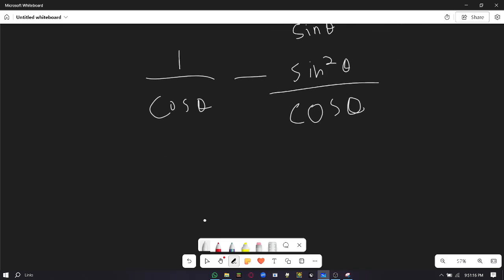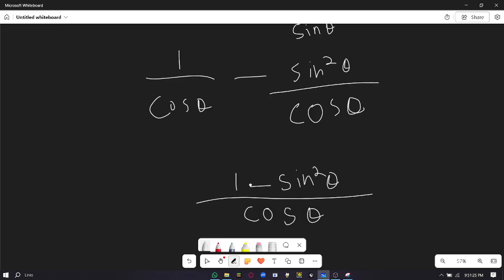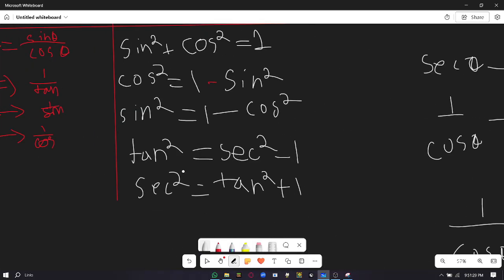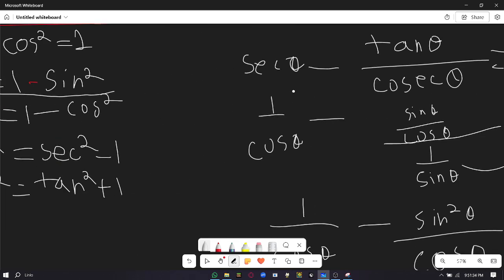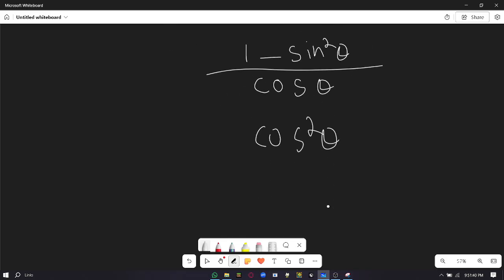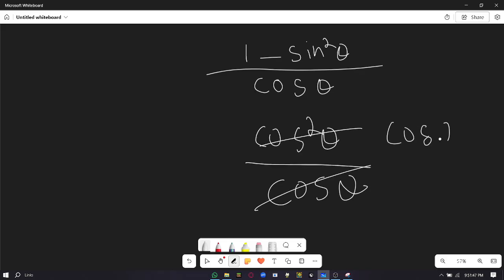Now what we're left with, when you add them together, is cosine theta times 1 minus sine squared theta. We know 1 minus sine squared theta is cosine squared theta. We have it here in the list. So that is exactly that. So you'll have cosine squared theta by cosine theta, cancelled. That's why it's cosine theta.